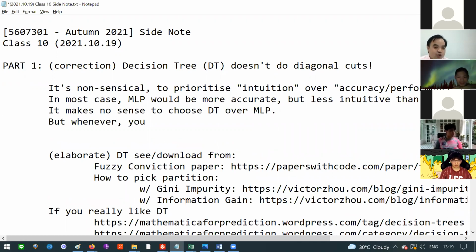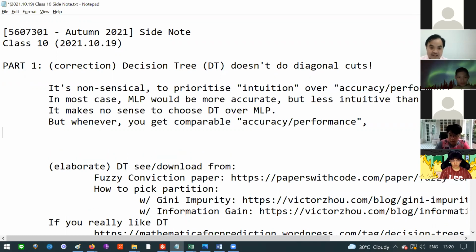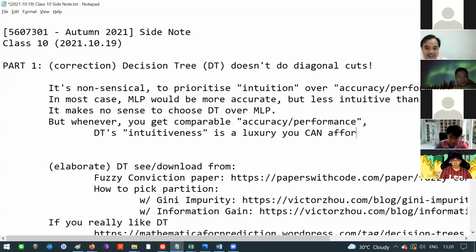But whenever you get comparable accuracy performance, and decision tree's intuitiveness, I guess intuitiveness is a luxury you can afford.